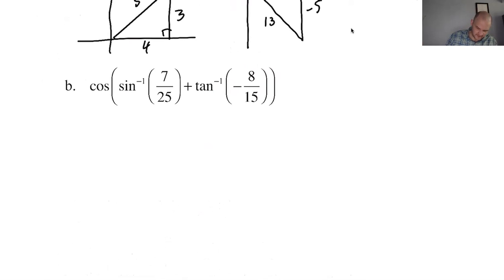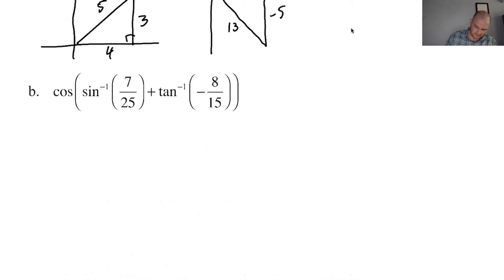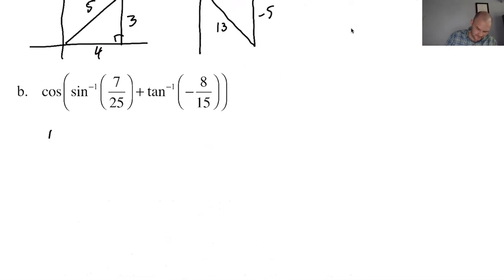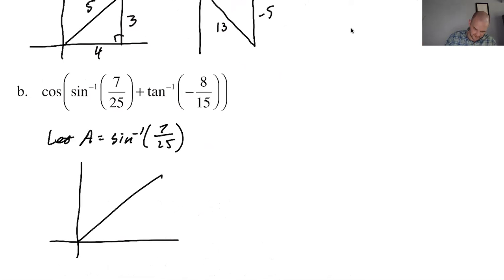So here, I'm going to skip the let thing. Actually, I don't know if I am going to skip that, because I much prefer writing the A, B thing for the formula. So I'm going to let A be sine inverse of 7/25. So first quadrant, because it's inverse sine, it's positive. 7, 25, 24.